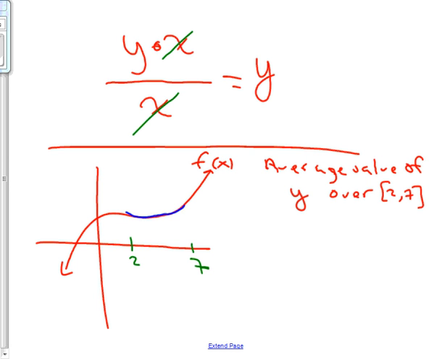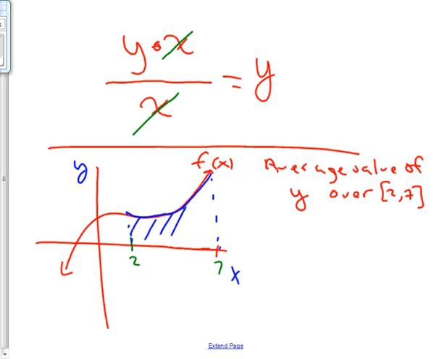Maybe just to make this a little bit more extreme, let's put 7 over here so that we really see y is getting bigger and bigger. So the y values change over that interval. What is the average y value? Well, think about this. Here's my x value, here's my y value.